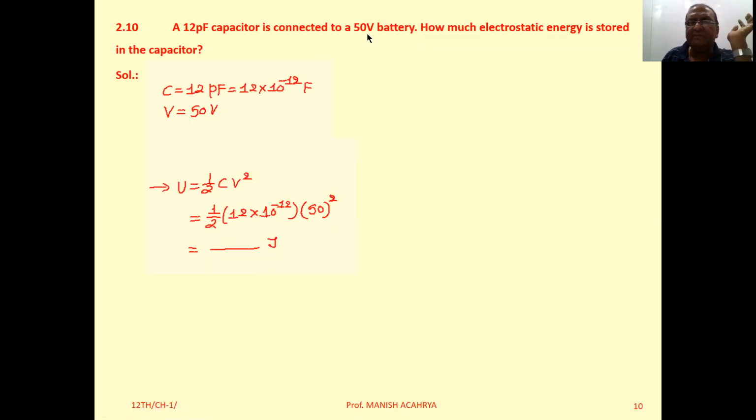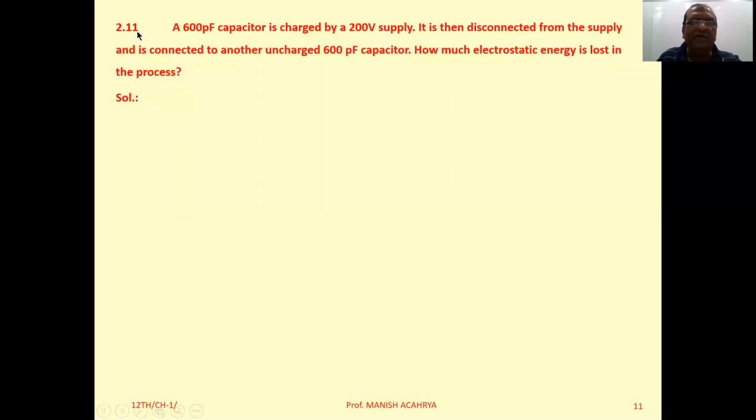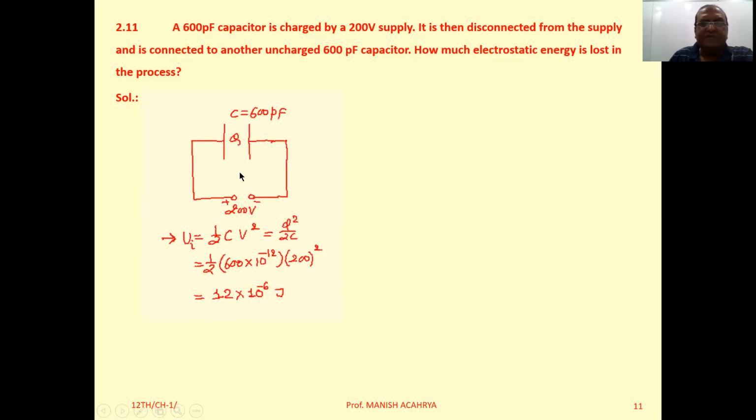Very simple thing. Example 2.11. A 600 picofarad capacitor is charged by 200 volt supply. It is then disconnected from the supply and is connected to another uncharged 600 picofarad capacitor. How much electrostatic energy is lost in this process? Now see, capacitor with value of capacitance 600 picofarad is connected with 200 volt supply.